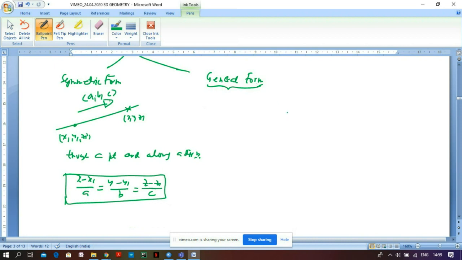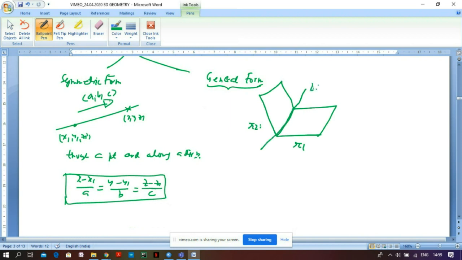Here I can think of a line as an intersection of two planes. So these are the two planes, one is pi 1, one is pi 2, and this is my line. Of course the line goes on and on.